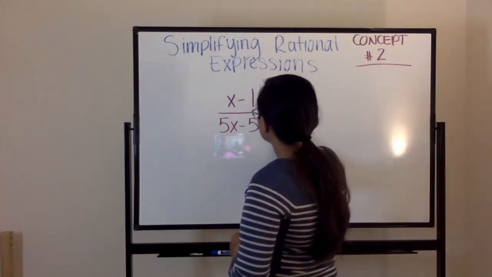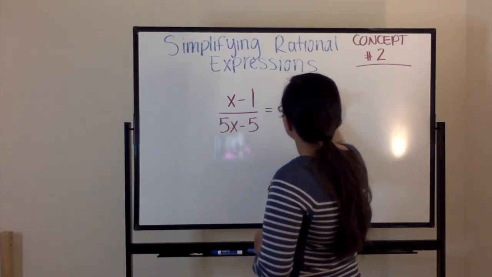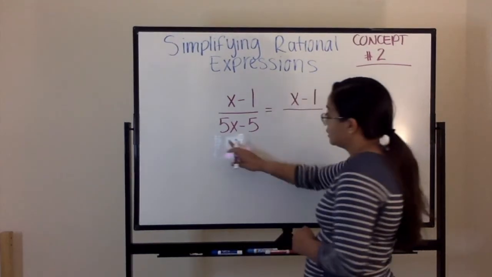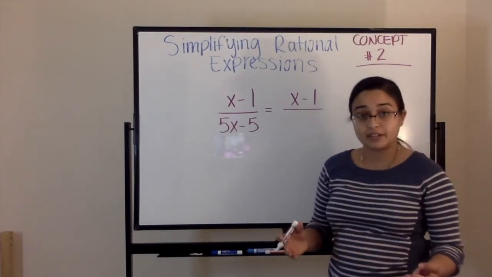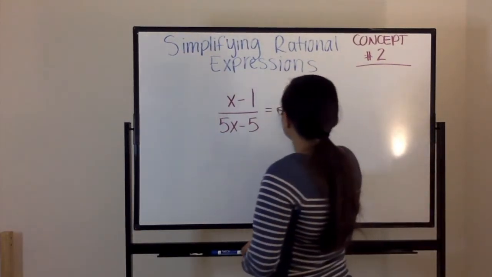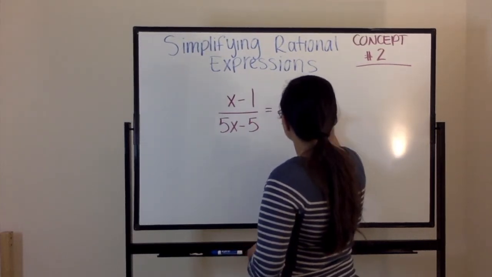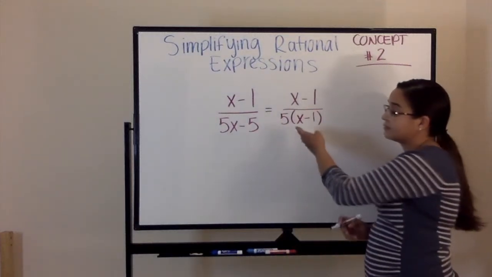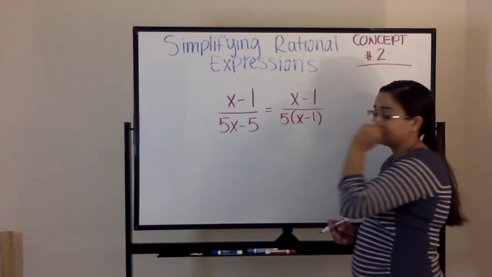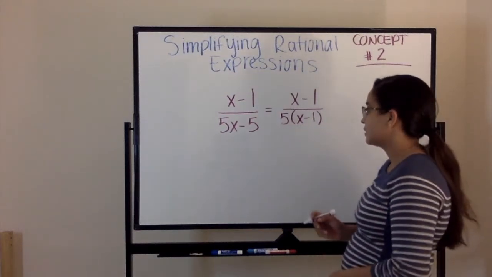So, if we factor out, what can we factor out of 5x minus 5? 5. So we take out our 5, and we would be left with x minus 1. This is a factored form of this, right? Okay.